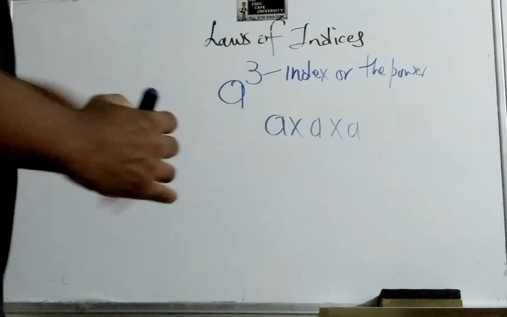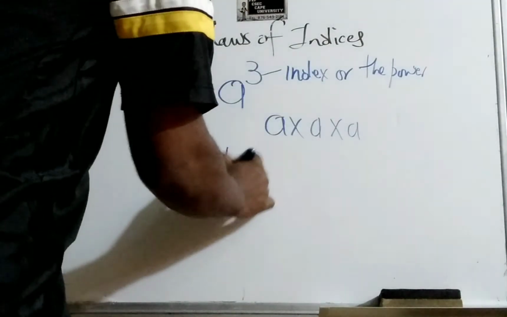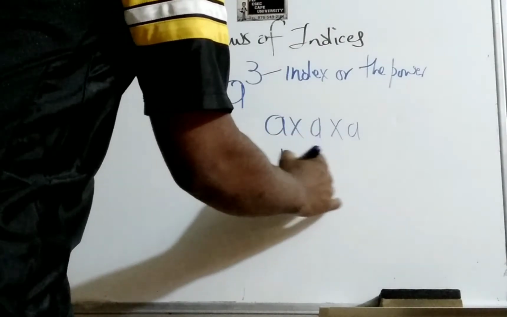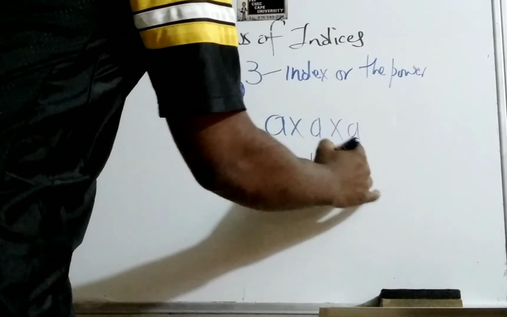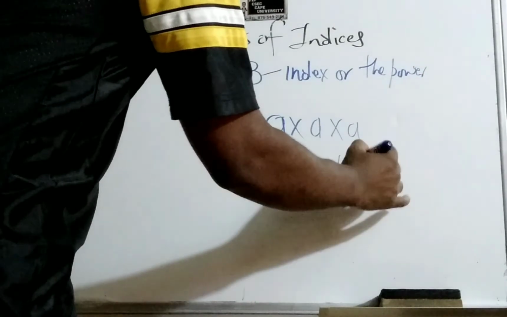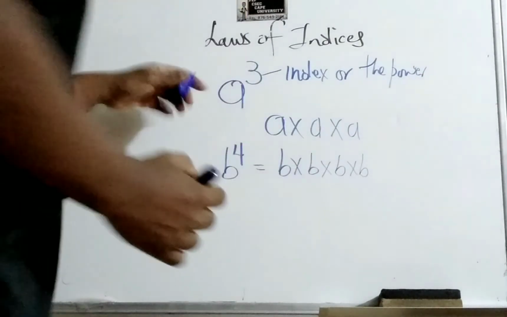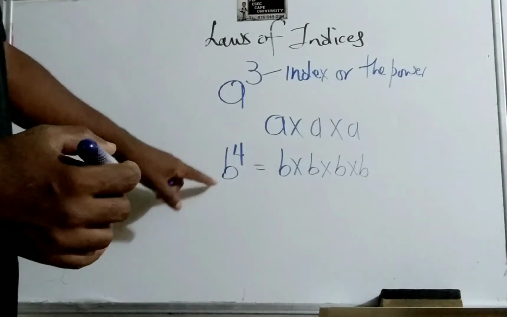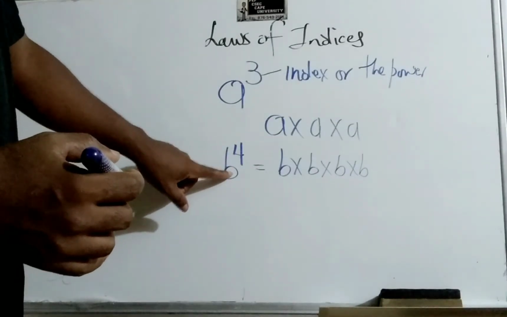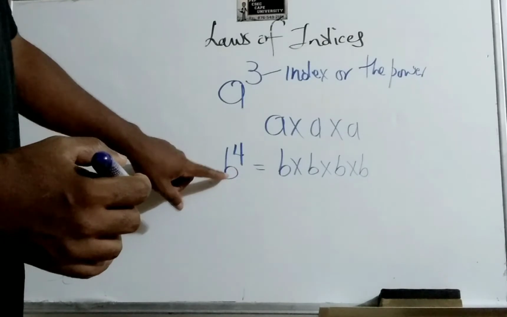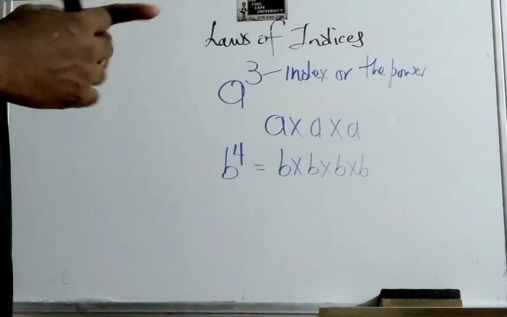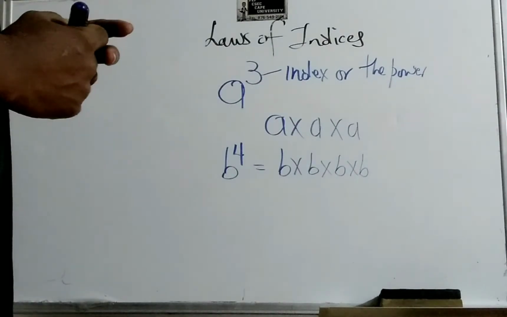So if we have, say, B raised to the 4th power, it will be B times B times B times B. The power or the index tells you how many times this number must be multiplied by itself. Because remember, the letter is only representing a number.